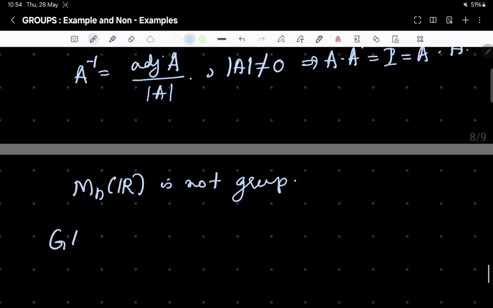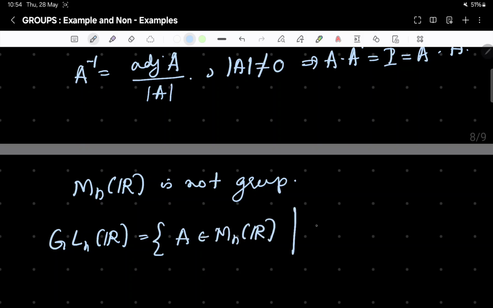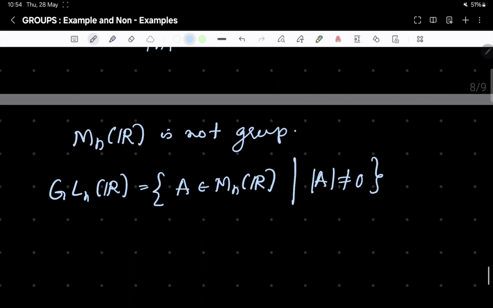But we define something called GL_n(R), that is, all matrices A in M_n(R), an n by n matrix, such that the determinant is non-zero. So if this happens, then GL_n(R) under matrix multiplication is a group.